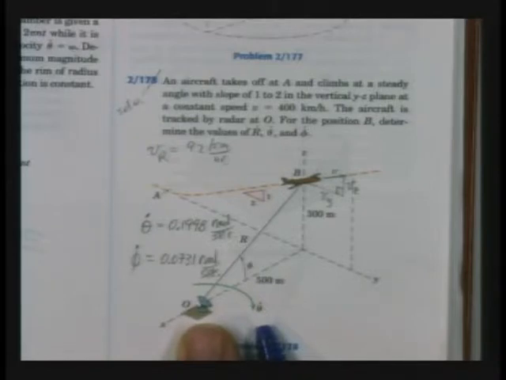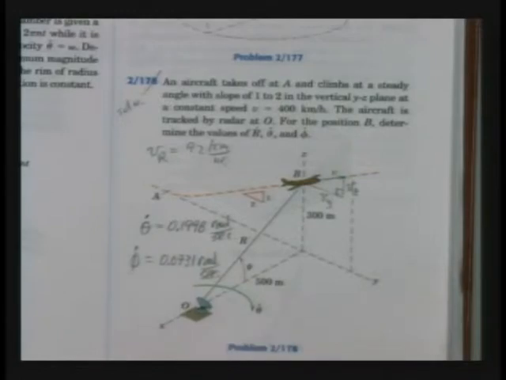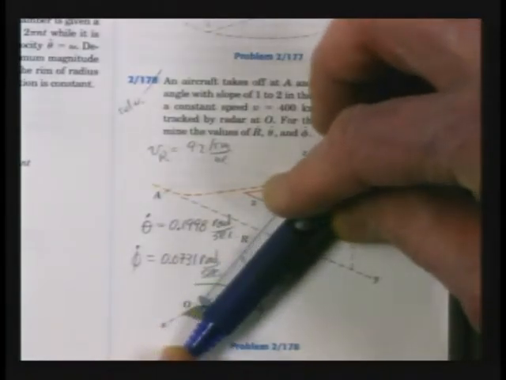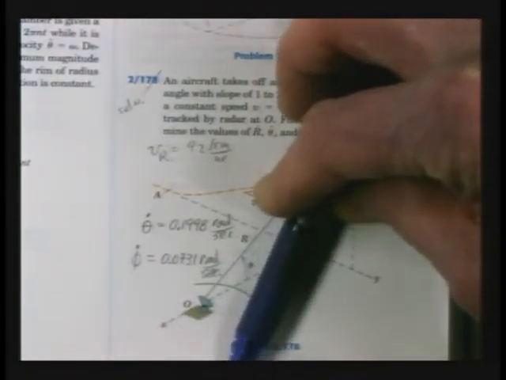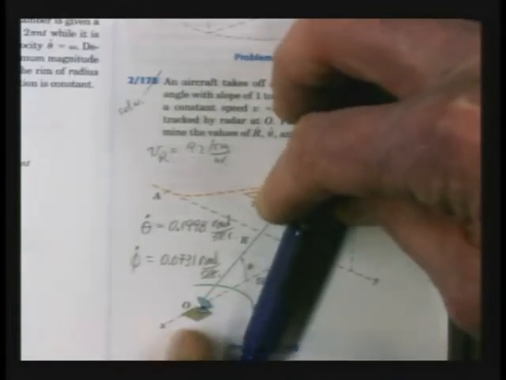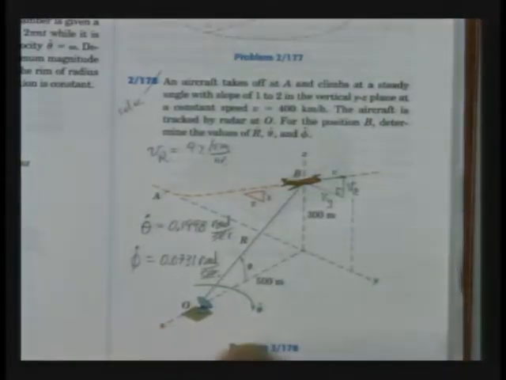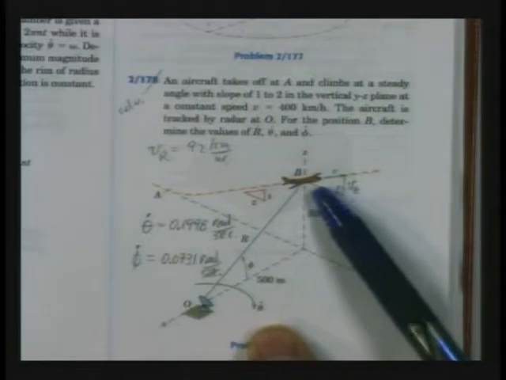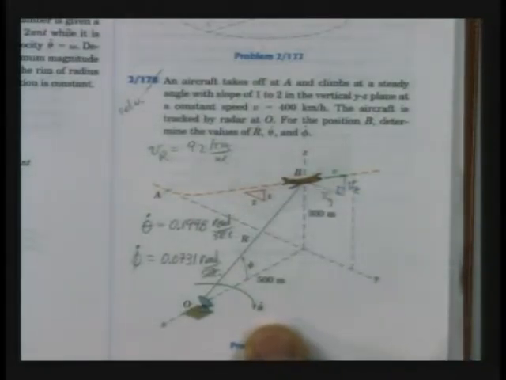Clockwise is negative, because the way that we defined positive theta was sweeping from x towards y. As that angle theta opens up, that would be the sense of positive theta rotation, which is counter to what you see here, trying to track that aircraft which is rising to our right. So theta dot is negative.